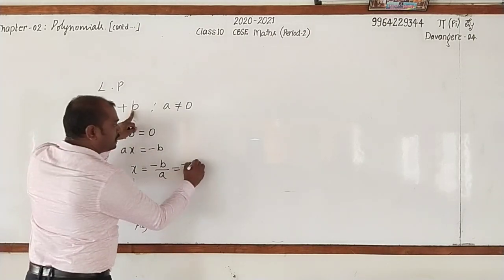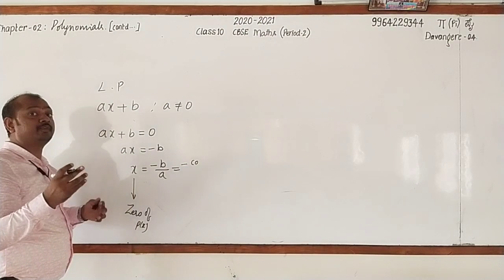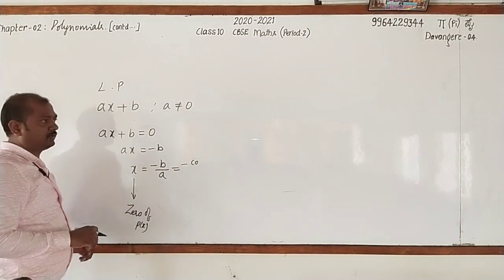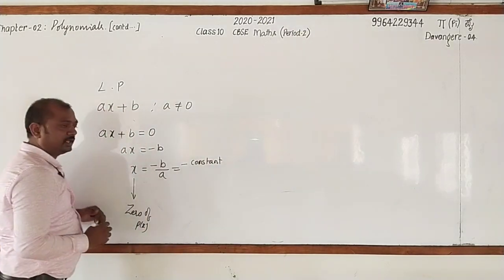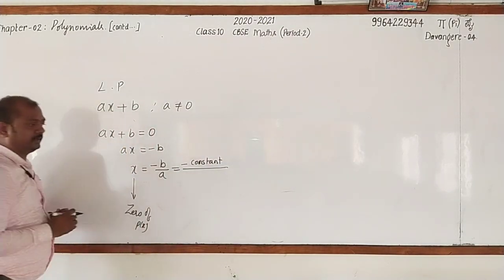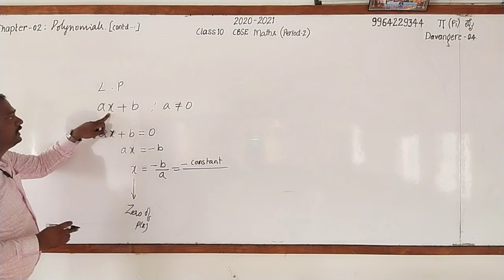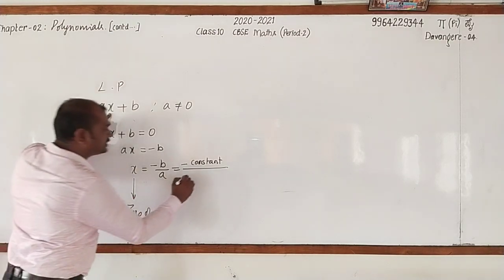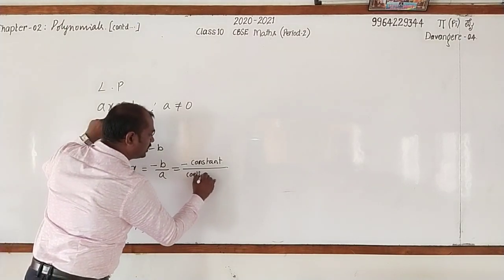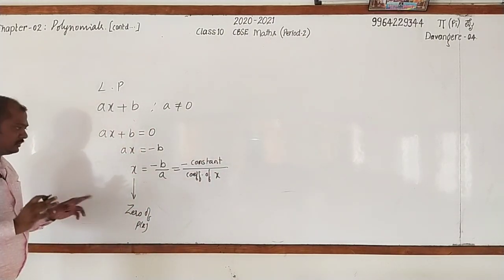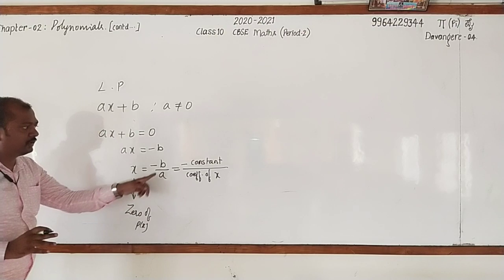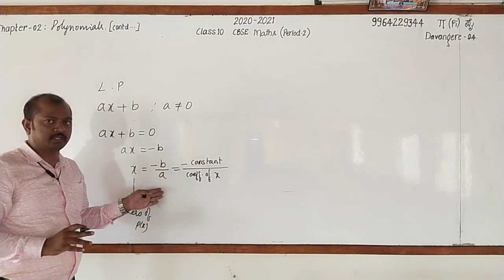B is a constant, nothing but the coefficient of x raised to the power 0. It is also called the constant term. Then it is divided by, what do you call a? A with respect to x, it is the coefficient of x, right? Understood? So here is the 0 and these are the coefficients.